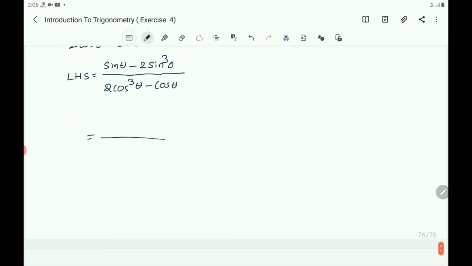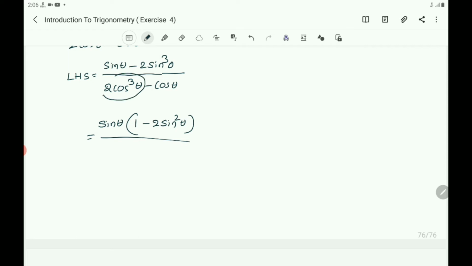Here sin theta is there, and sin cube is there, so you can remove sin theta as common. In the bracket, as sin theta is outside, you will get 1 here, minus 2 sin cube theta means, with sin theta outside, 2 sin square theta.